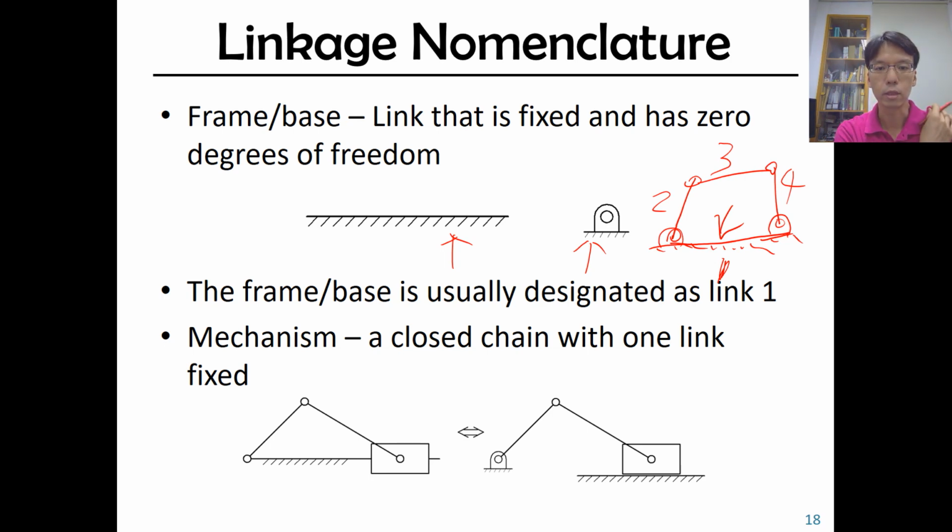So a mechanism is a closed chain with one link fixed. Okay, so this is the example. We fix the track.